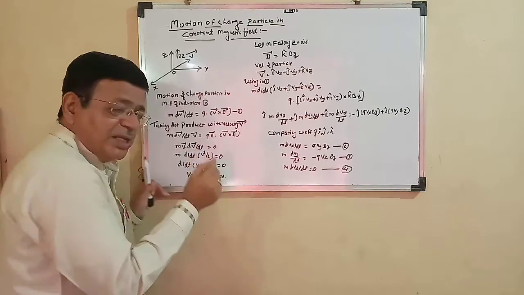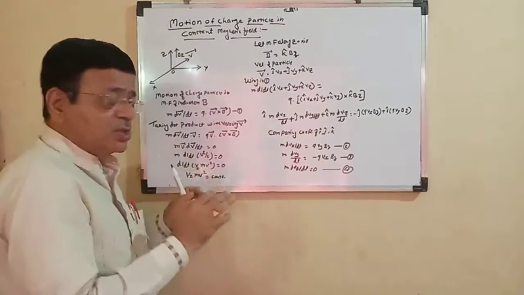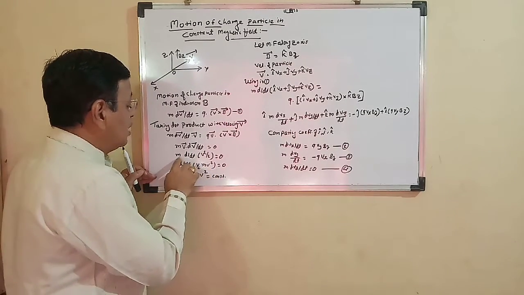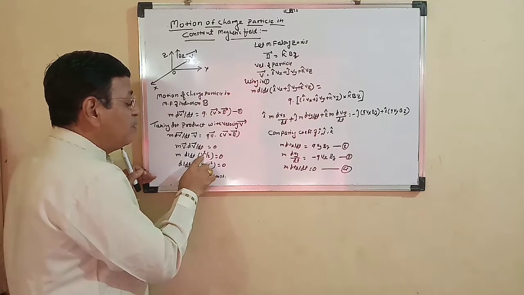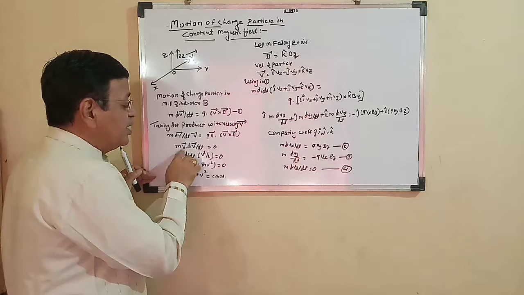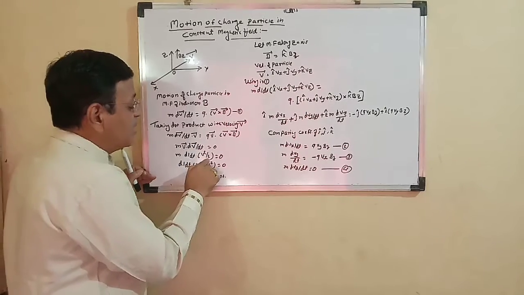We have to make the adjustment in such a way that the derivative of that quantity is 0. So we write m into d by dt of v square by 2. What is the derivative of v square? It is 2v. So v is already existing here, but 2 is not there, so we have to divide by 2.